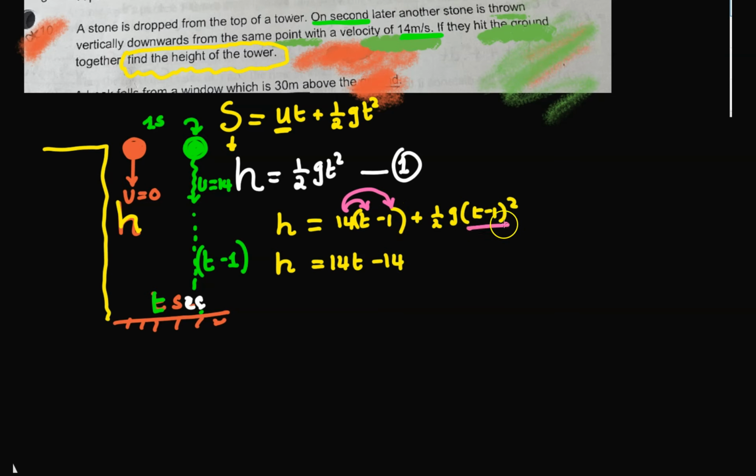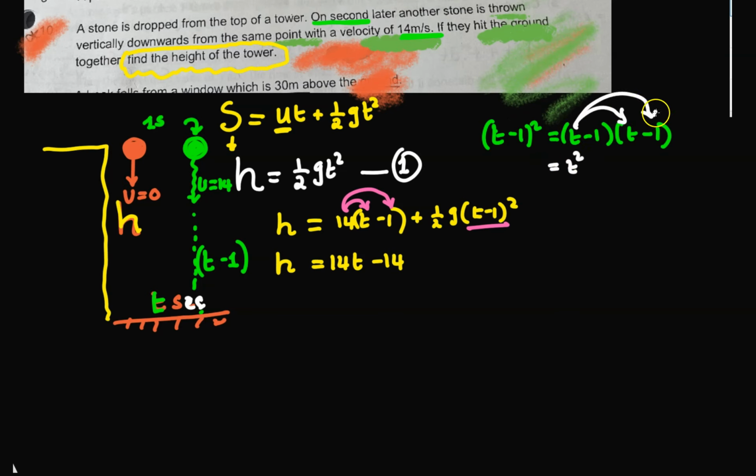Now, for the second part we have to use the quadratic expansion. If you have t minus 1 squared, this is t minus 1 times t minus 1. To expand this, we multiply t by t, which gives us t squared.